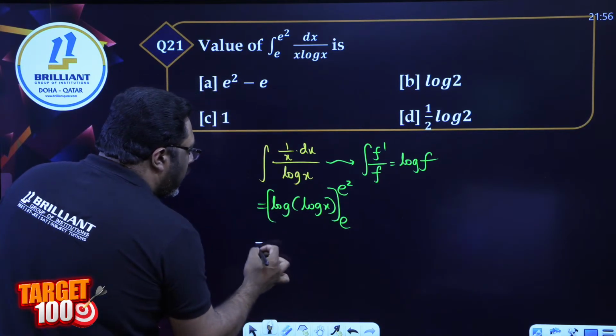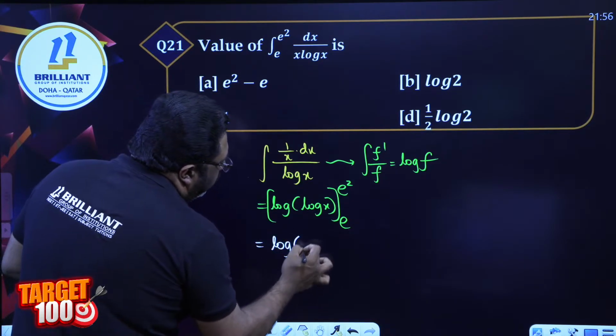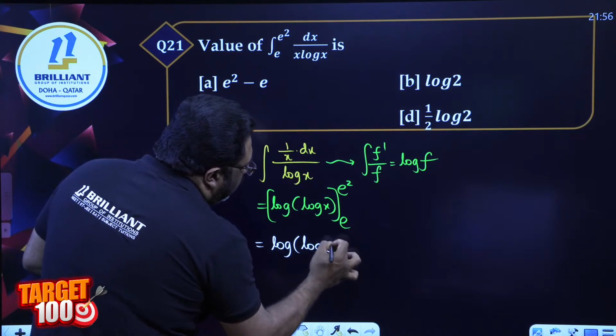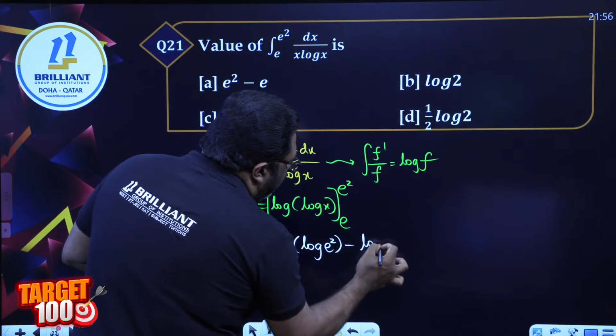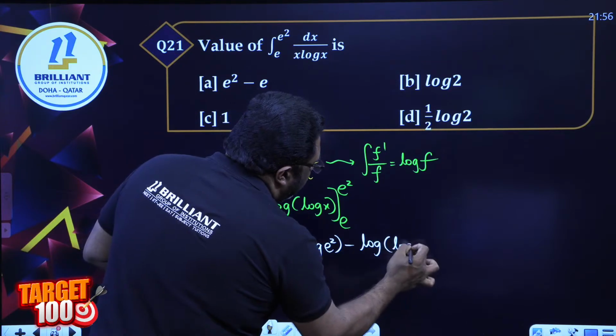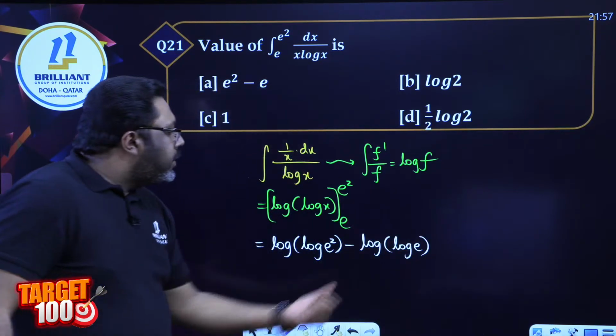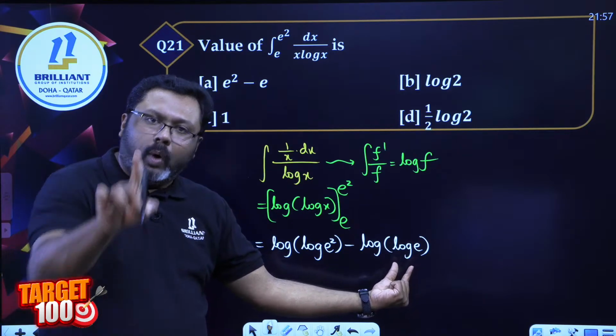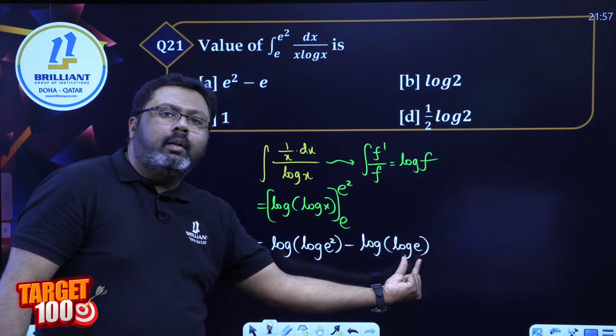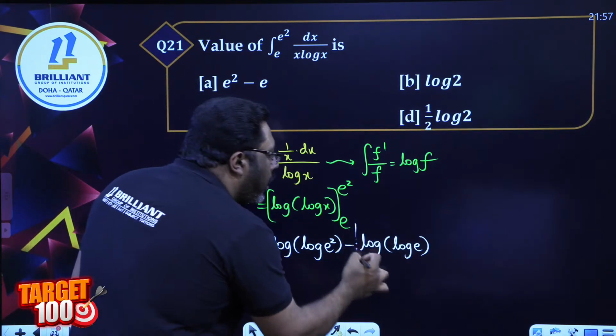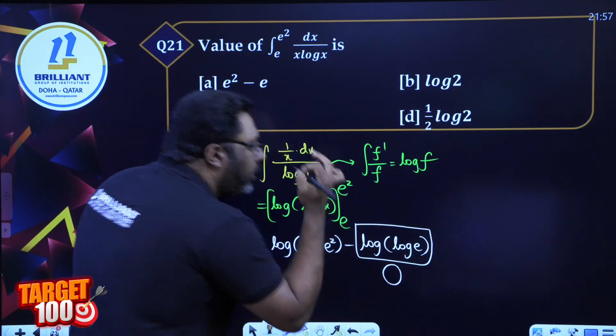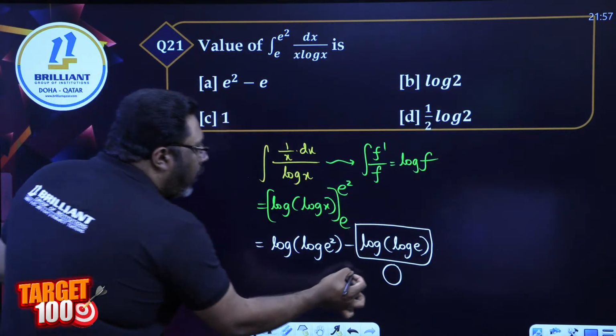Apply the limits. Log of log e squared, minus log of log e. What's log e? 1. And what's log 1? 0. So this whole part is 0. Now how to do the other part?